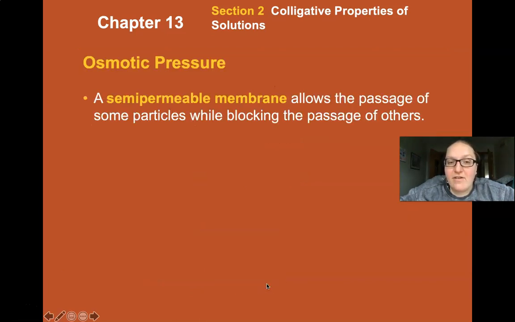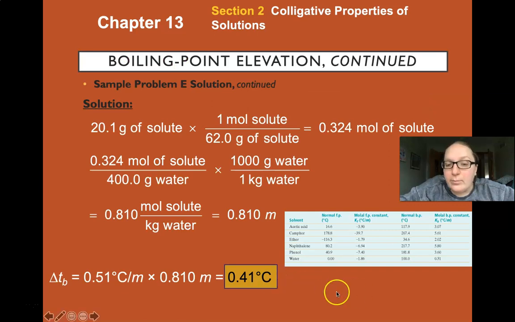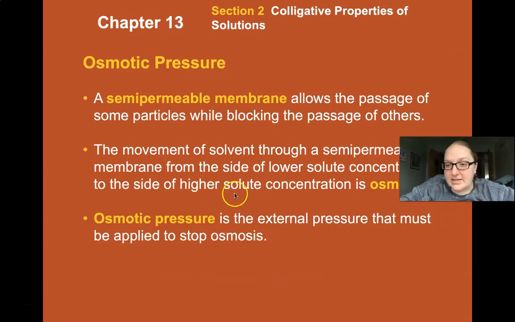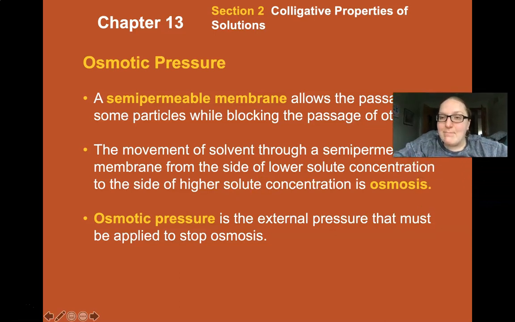And in order to get our final answer here, the final boiling point, we should take this 0.41 Celsius and add it to the normal boiling point for water. So we take the 100 plus 0.41 and get 100.41 degrees Celsius for the final boiling point of this particular solution. All right, the very next topic that we have to talk about is osmotic pressure.